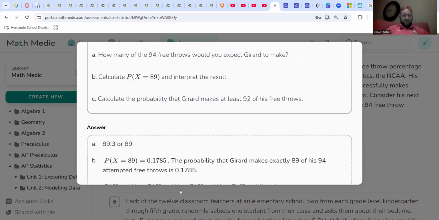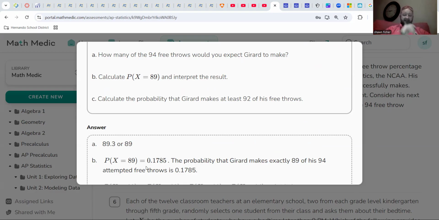Ooh, I got it right. It just looks odd. 17%. I mean, he's a 95% free throw shooter, but that's a lot of attempts. What's the probability of him getting 89 out of 94? That's deep right there. Wow.